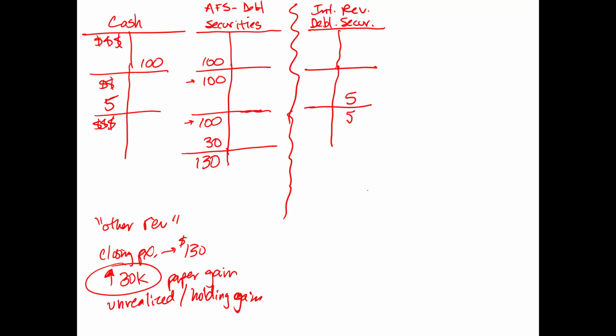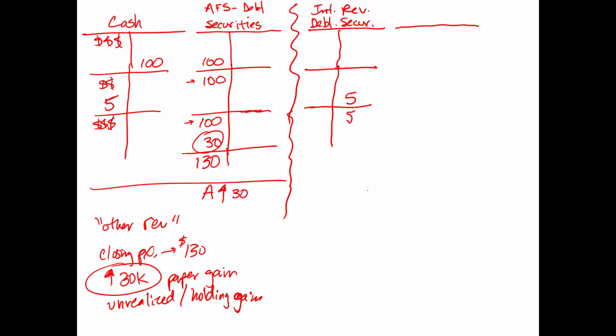And remember, when you're an investor, you know that gains are great, but you have to cash them out at some point in order to realize them. So when we see this paper gain right here, we're allowed to increase our assets by $30,000. Great. Overall, our assets increase by $30,000. Where do we put the offsetting credit?